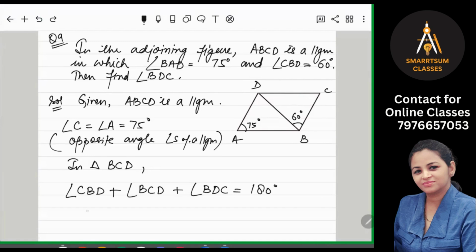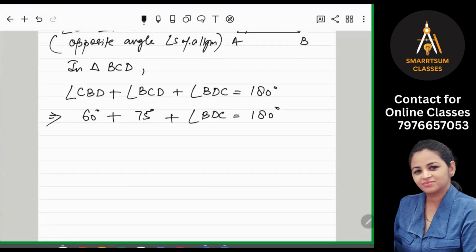So this is CBD, 60 degrees. BCD, 75 degrees, plus BDC, which you have to find, is equal to 180 degrees, right? That is 135 degrees plus angle BDC equals 180 degrees.